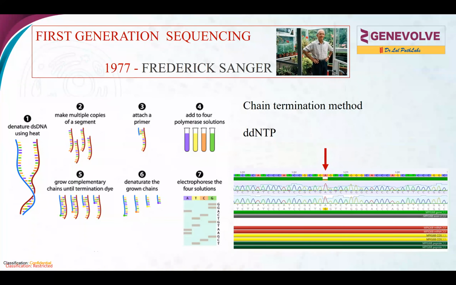So talking about NGS, we'll have to first give regards to Frederick Sanger in the year 1977, who was the first to devise this chain termination method of sequencing, wherein a dideoxynucleotide was incorporated and the chain gets terminated. So here, if we look at a DNA strand, we denature the DNA strand and we look at which target or gene of interest we would want to amplify.